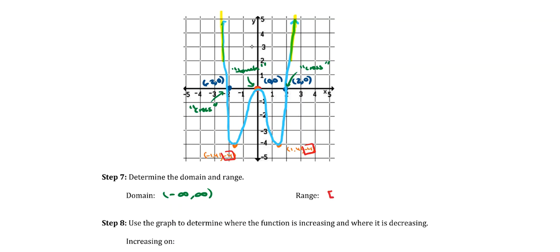The range is actually going to start at -4, and because both ends of the graph point up to positive infinity, the rest of the range should indicate that. So the range is bracket -4, comma, infinity, and by default, parentheses on infinities.